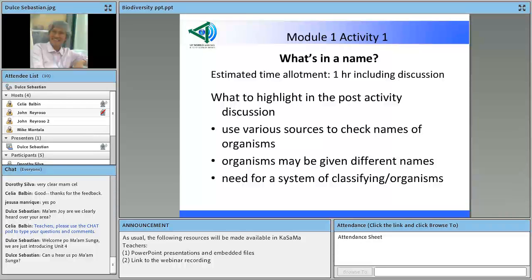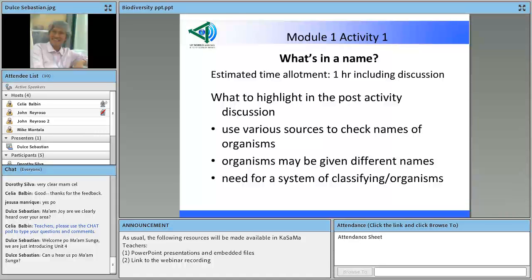Organisms may also be given different names, because they will discover as they do the activity that different places attribute different names to these organisms. So there will perhaps be a lot of discussion, but we teachers should accept all of these first, because with this activity, they will see the need for a system of classifying organisms to avoid confusion.